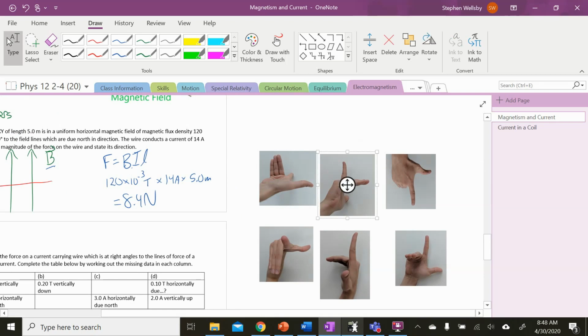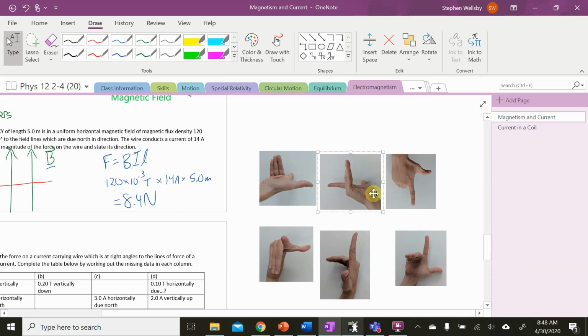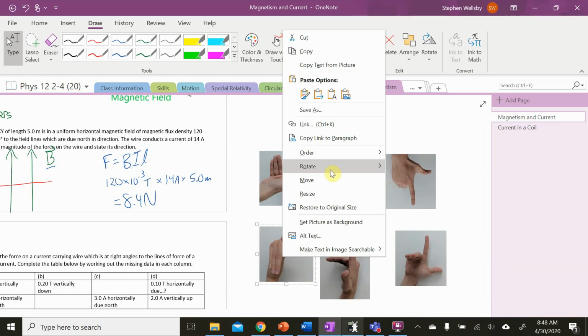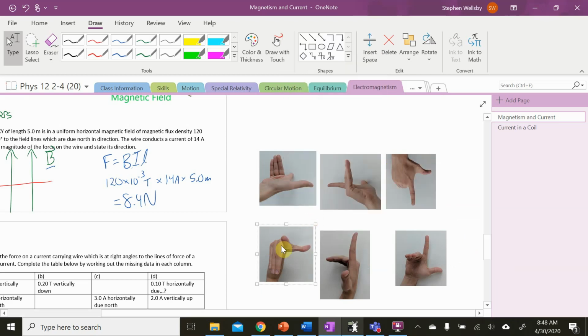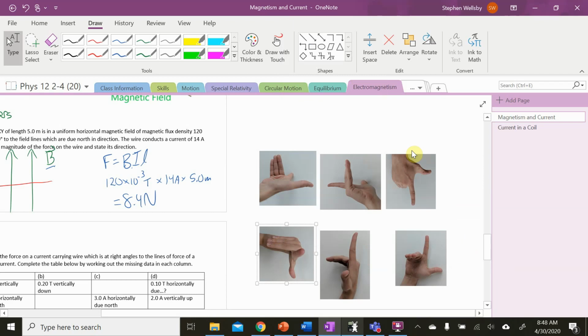That could be this one here if I rotate this picture 90 degrees to the left. So now my 3 fingers are pointing upwards. This picture here, the fingers are pointing into the page. This one here, let's rotate it twice again. And now the 3 fingers are pointing up or north in this case.